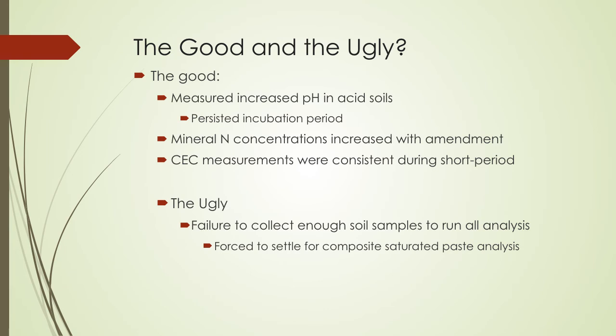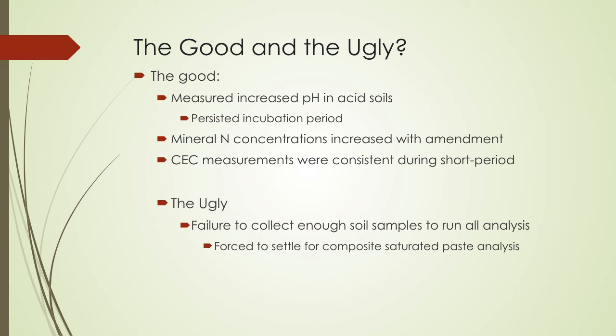So the good and the ugly. The good was that they were looking to represent increases in pH in acidic soils, and they accomplished that. And they were also able to prove that the manure was increasing the pH rather than just the carbonate that was in the manure.